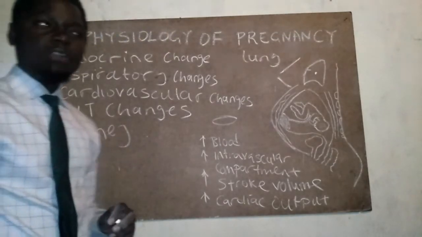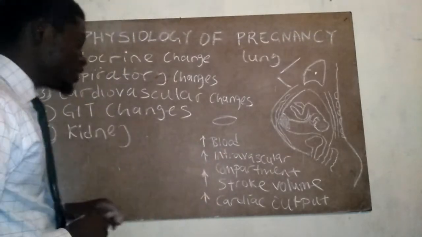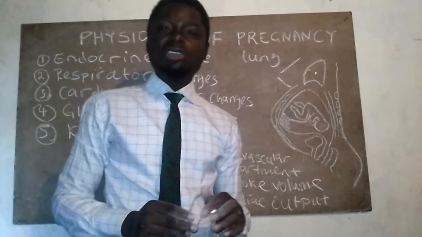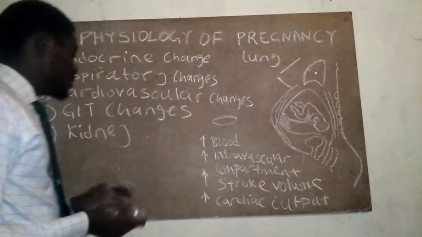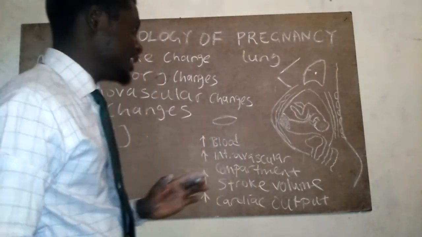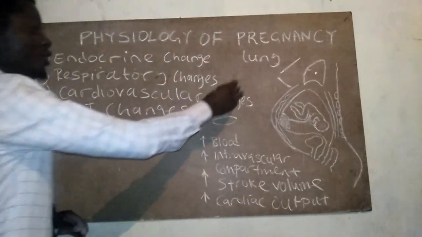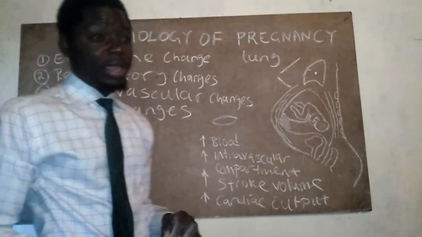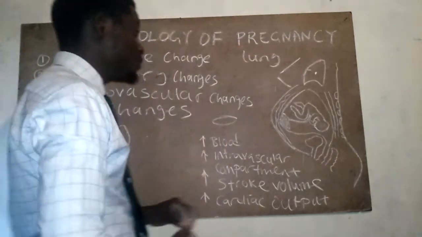So the kidneys are going to enlarge. There's going to be hypertrophy in the kidneys, mainly due to the increased vascularization, because there's going to be an increase in blood in maternal pregnancy.